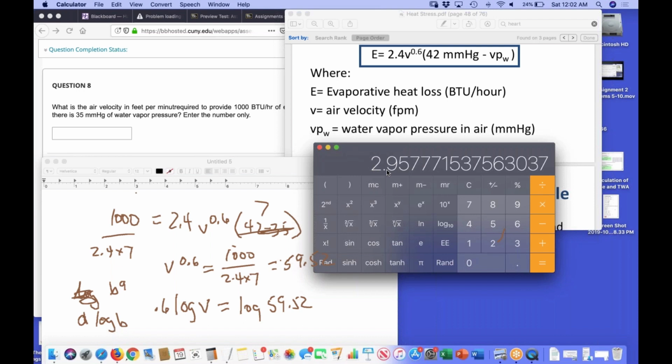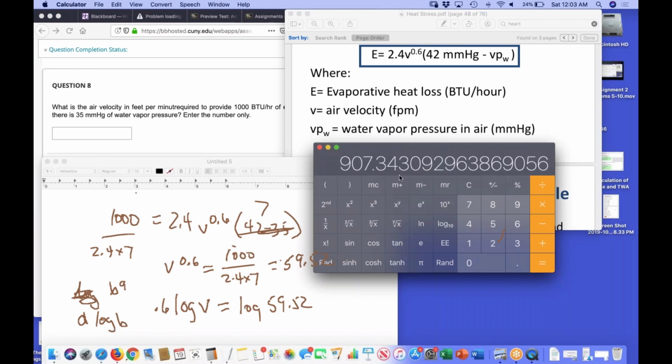I think I have on my desktop some general rules for logarithms that I can post on Blackboard. We're going to take 10 to this power, which is the antilog.